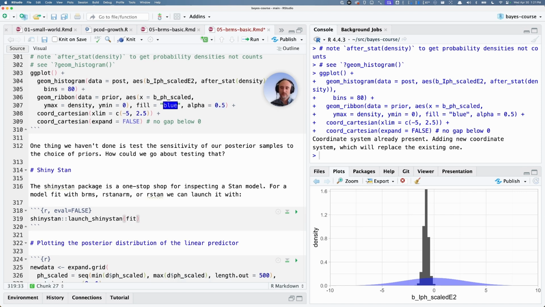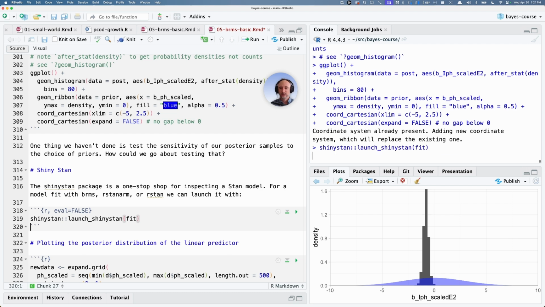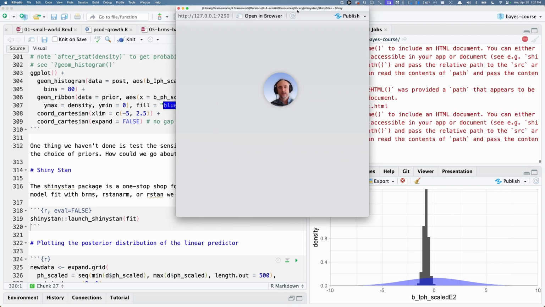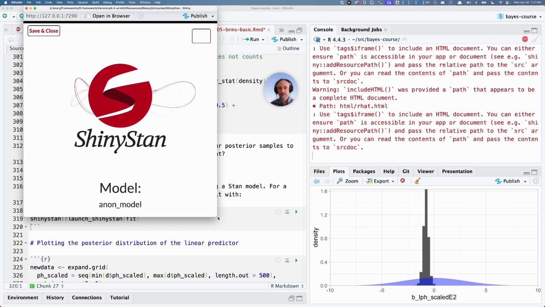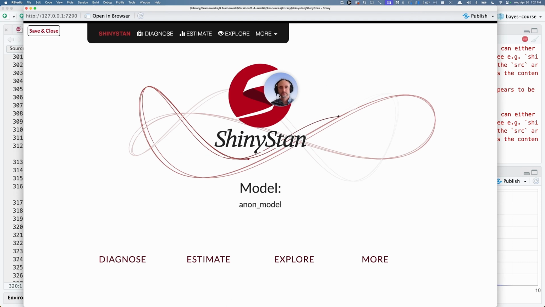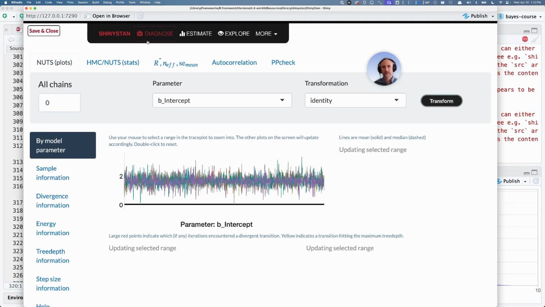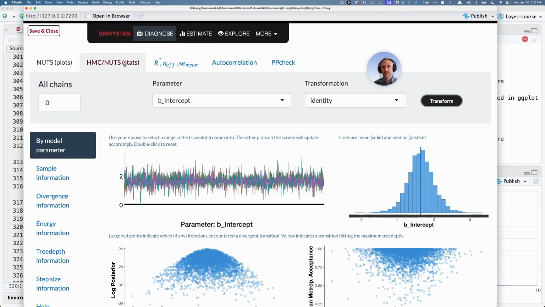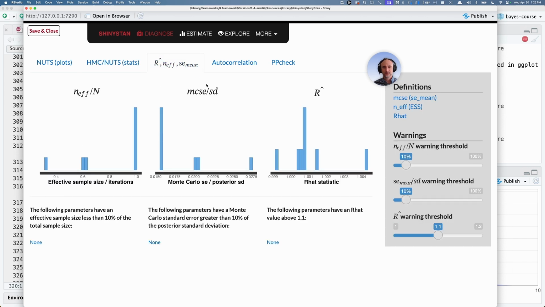There's this wonderful package called ShinyStan, and you can use this with any Stan model, including brms models. If I just launch ShinyStan with launch_shinystan on my fit, I will get this Shiny app here. There are a variety of tabs you can look through, with diagnostic information on R-hat and n_eff.